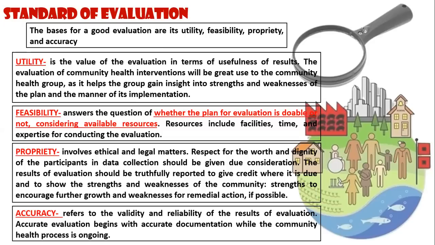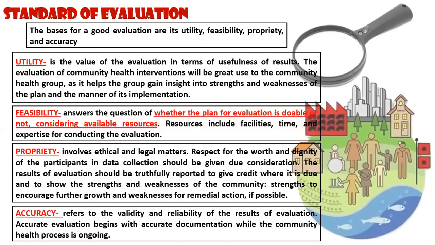So usefulness, 'di ba? Utility, usefulness, nagagamit ba siya? So yan yung ating utility, feasibility, whether the plan for evaluation is doable or not, considering available resources. Propriety involves the ethical and legal matters, respect for the worth and dignity of the participants.